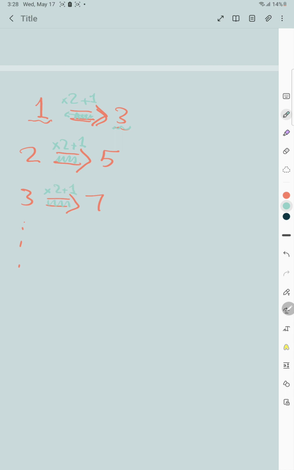So here we can make sense of how our 1 value, our 2 value, and our 3 value give us the values of 3, 5, and 7. Now it totally makes sense to us. Now I want you to consider these as our x values and these as our y values. Now it simply makes more sense.